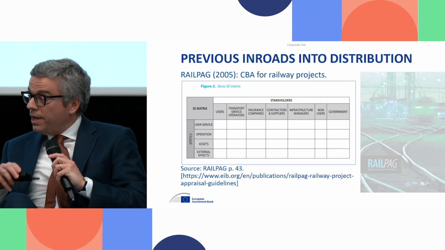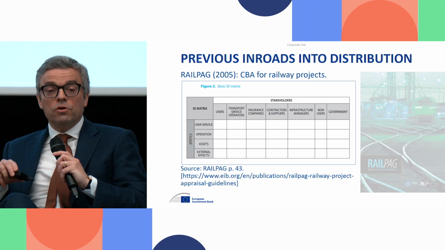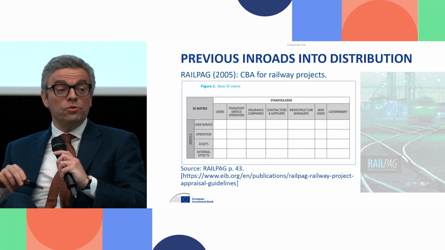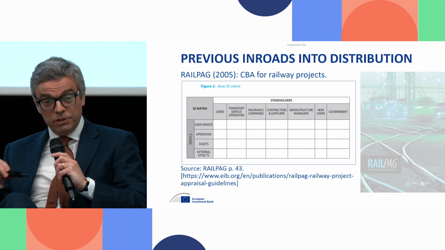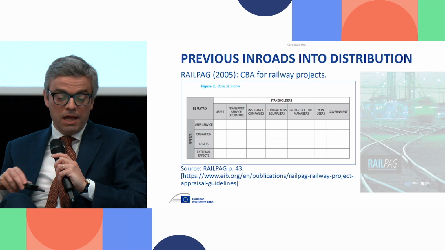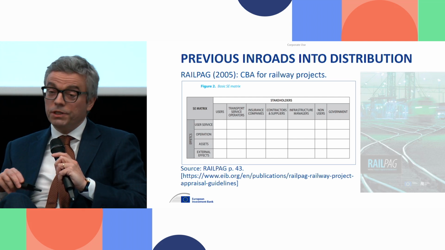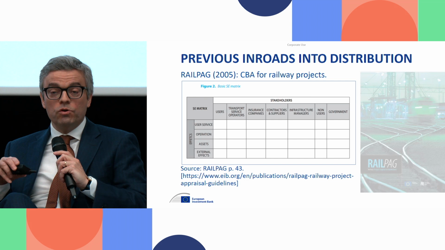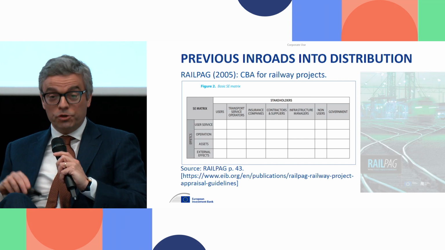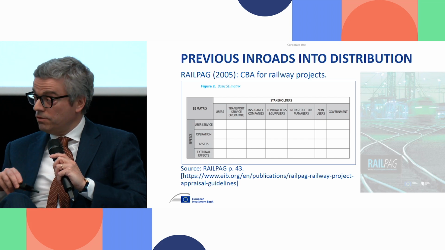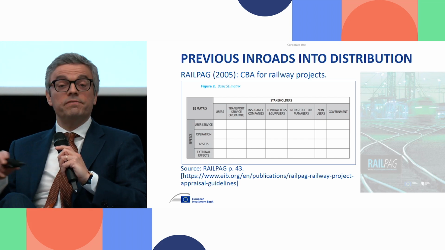Even though we are focused on productivity in general, there have been inroads into understanding the distributional consequences of projects. The main example we have is one that was developed 20 years ago to appraise railway projects. It's called RailPAC, and it was devised jointly with the European Commission.